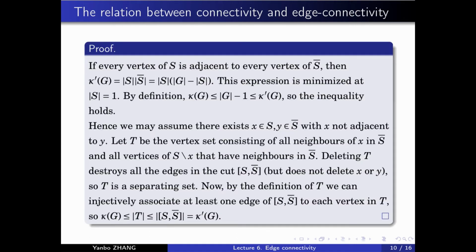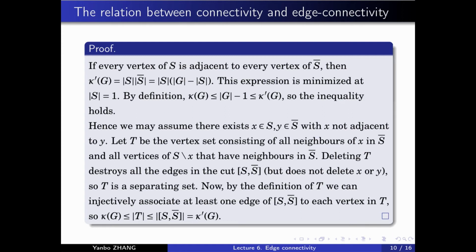Next is the formal proof. If every vertex of S is adjacent to every vertex of S bar, then kappa prime G equals the size of S times the size of S bar, equals |S| times (|G| minus |S|). As |S| increases, this expression first increases and then decreases. This expression is minimized at |S| equals 1.